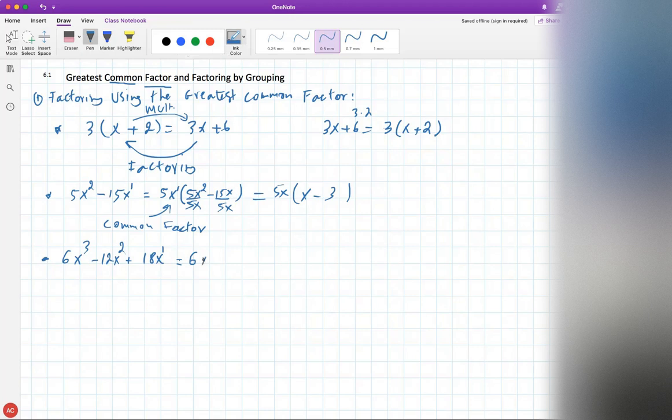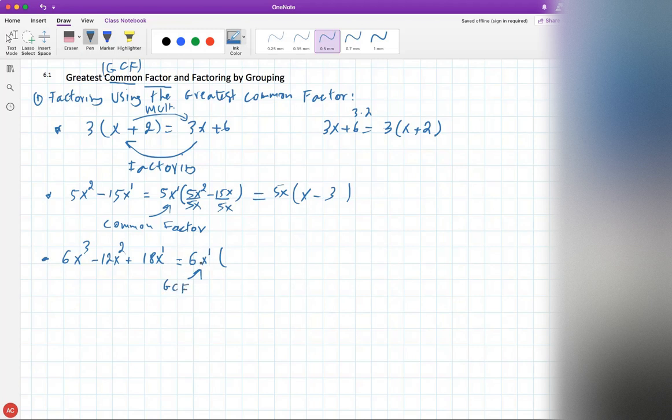So we take the lowest power and we immediately open the parentheses to start the multiplication. So this is what we call the GCF, the greatest common factor. From now on, we're just going to refer to it as the GCF.